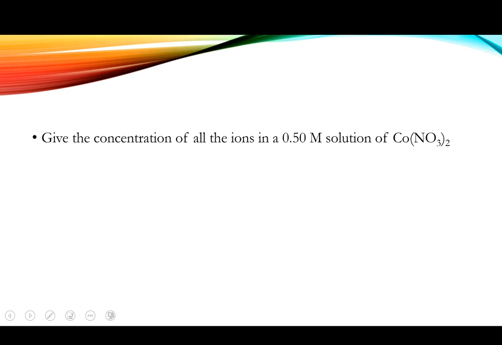We're going to give the concentration of all of the ions in a 0.5 molar solution of cobalt(II) nitrate. As cobalt(II) nitrate dissociates, we will get 1 cobalt ion and 2 nitrate ions. And then we're basically just using the balanced chemical reaction, just like we did with stoichiometry.